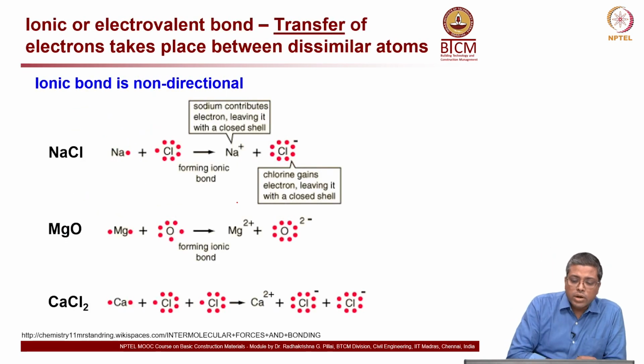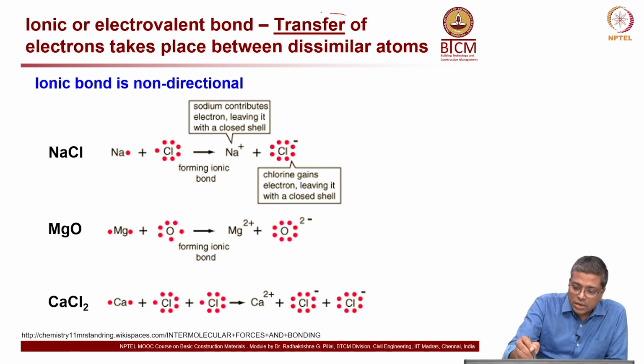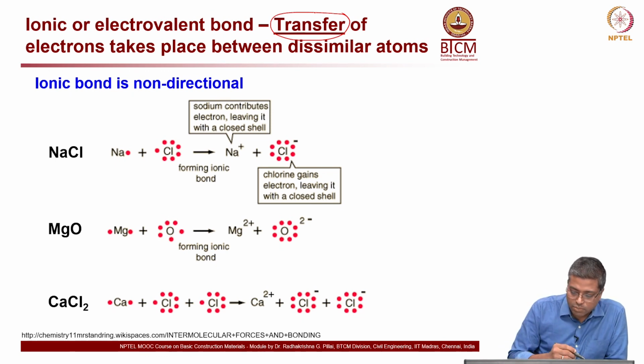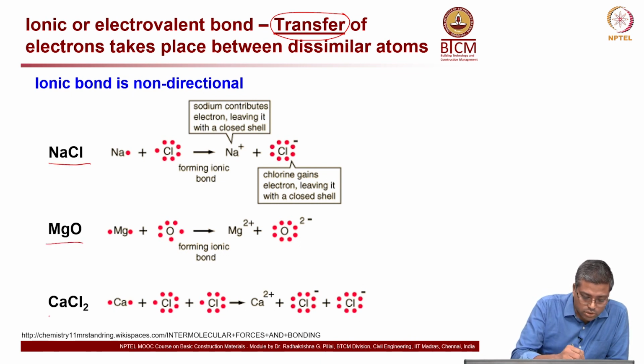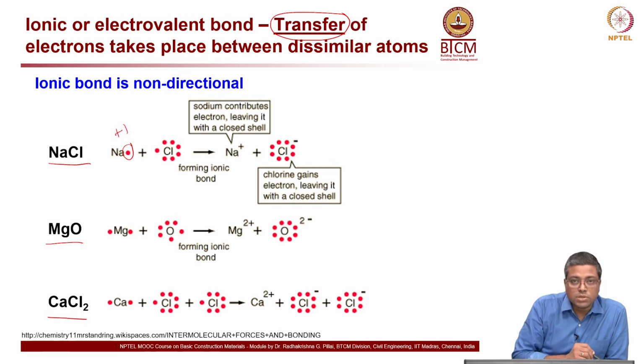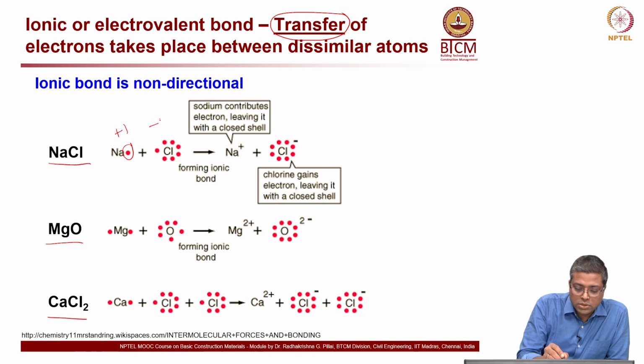Now, ionic or electrovalent bond: what is happening is transfer of electrons takes place between dissimilar atoms. Okay. Now, you can see here sodium chloride, magnesium oxide or calcium chloride. So, in this example, sodium chloride, sodium has a +1 possibility, in chloride you have -1.